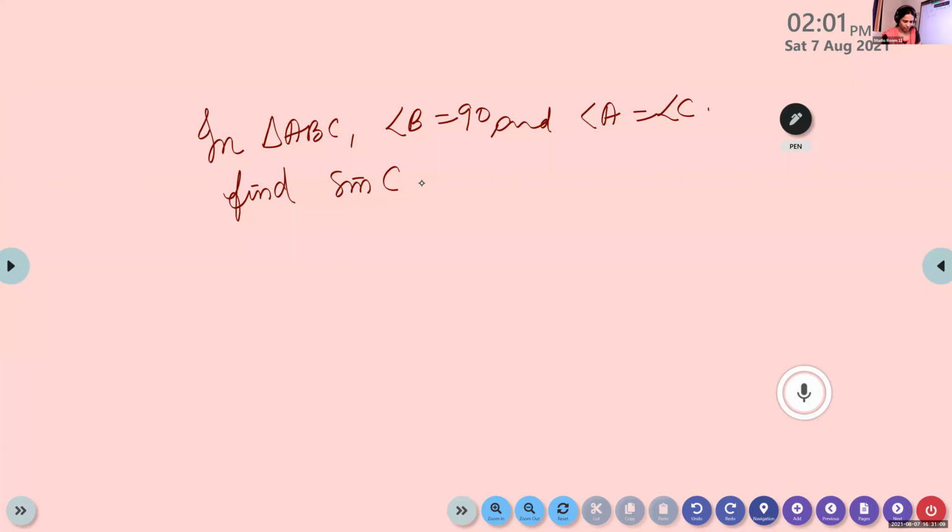Aman Shakir, very good. How? Angle C is 45. Very good. Both the angles are equal, isn't it? Both the angles are acute angles. And if angle B is 90 and angle A equals angle C, it means each is 45.